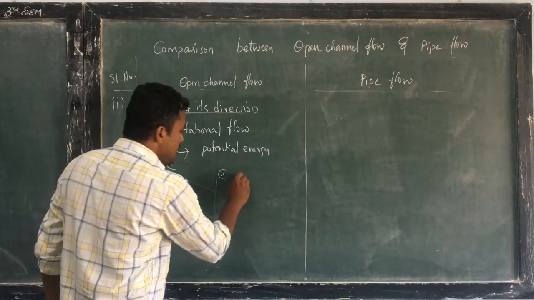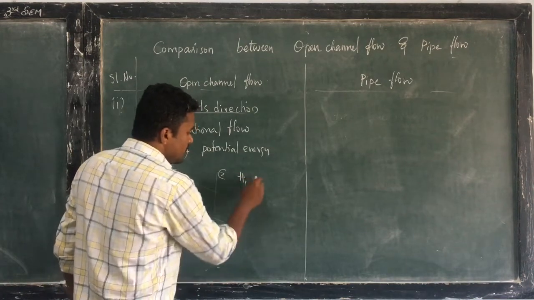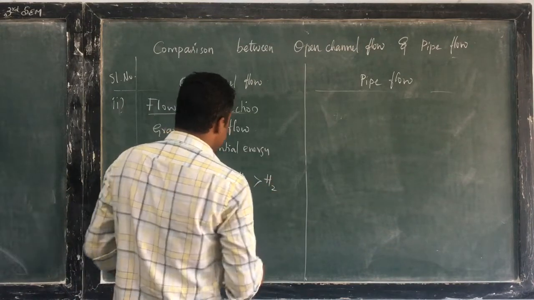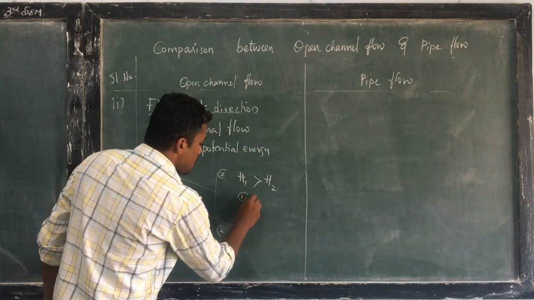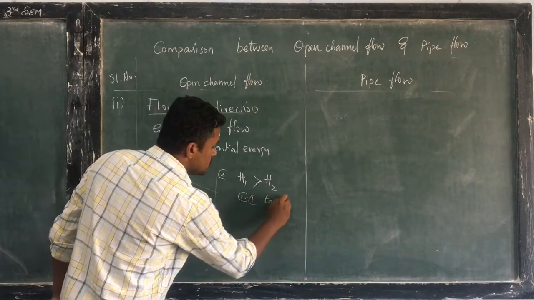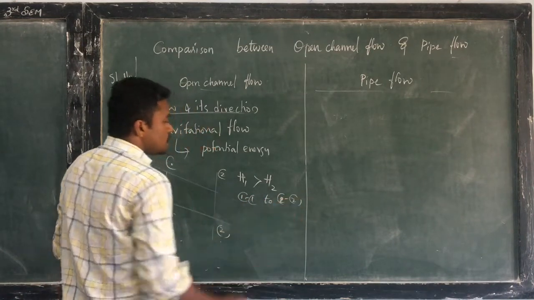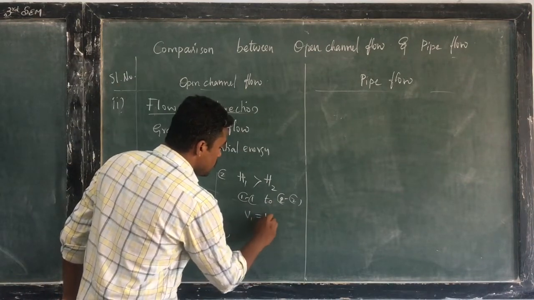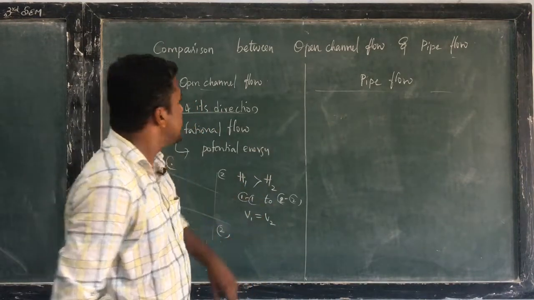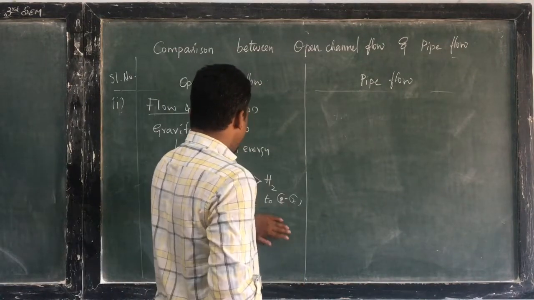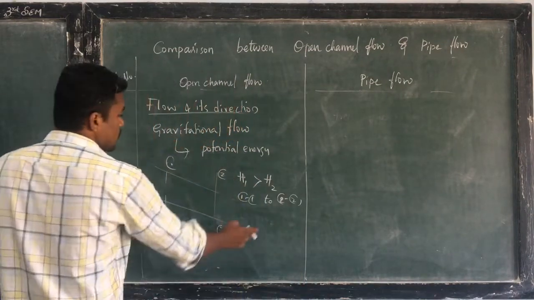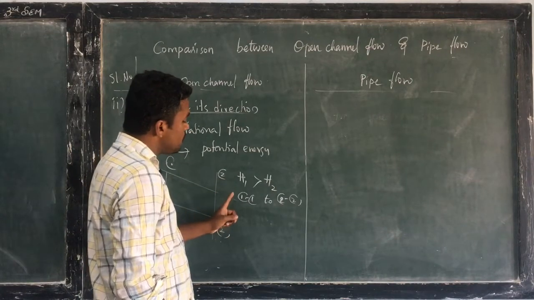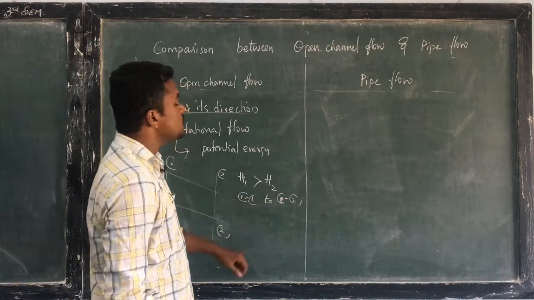If the total head at 1 is more than the total head at 2, then flow will occur from section 1-1 to section 2-2. We should assume that V1 is equal to V2.